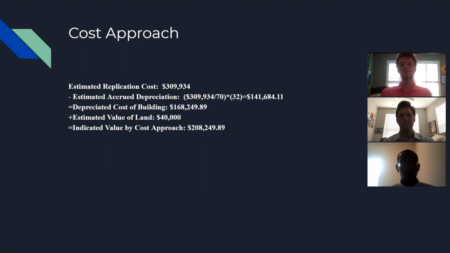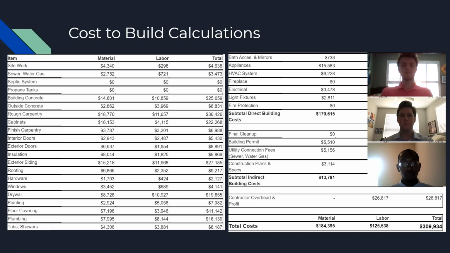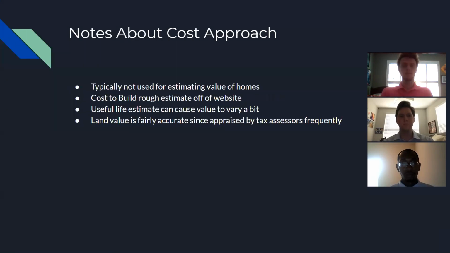The estimated value of the land, we found off of the Mecklenburg County tax assessor's website. So these charts right here are just our cost to build calculations that we took off of that website.